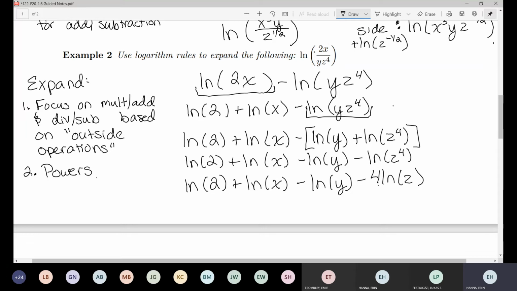Why did you make the second one a subtraction? Right. So first off, if you're ever going to split up something that has multiplication in it, but it came behind a negative, that should always go in parentheses because we need to distribute that negative through. Another way that might help you think about it, that z to the fourth started in the denominator, right?